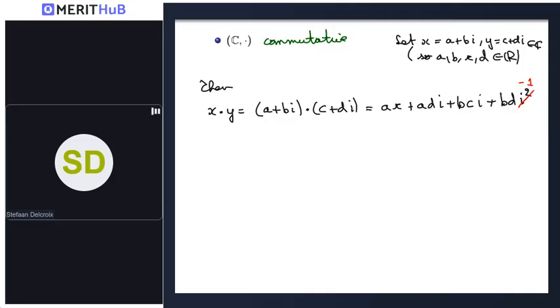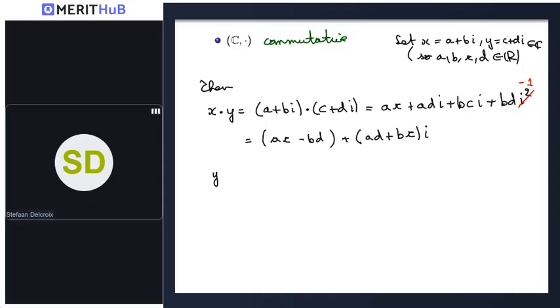So what is the real part here then? ac minus, or plus bd times -1, so minus bd. And the imaginary part is ad plus bc. If I would give you two actual complex numbers, Carrie, you wouldn't have any problems. It's just because there are a's, b's, c's, and d's here that it becomes a little messier. Okay, that's x times y.